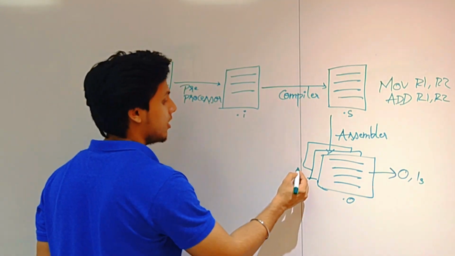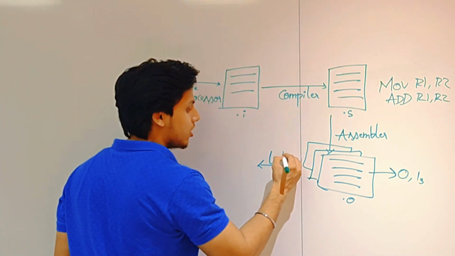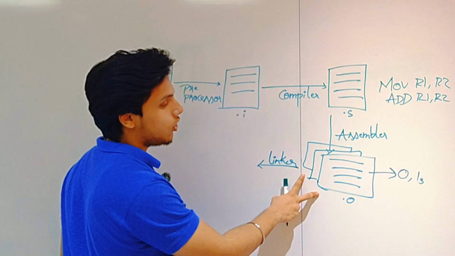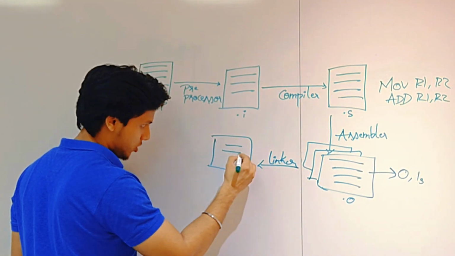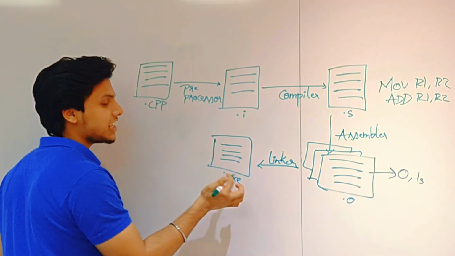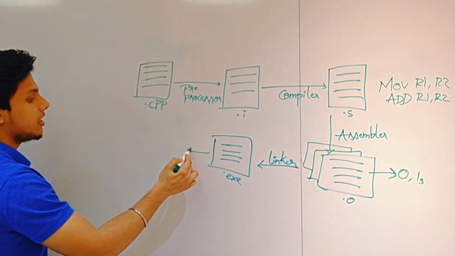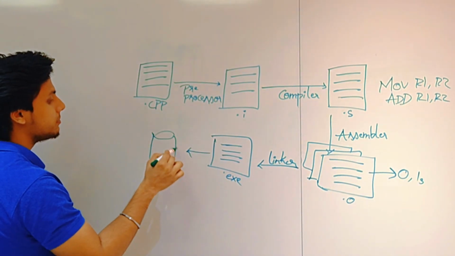Once we receive these multiple object files, they go to the linker. The linker links all these object files and converts them into your .exe file, which is your actual executable code. This executable file is what we store in our hard disk.